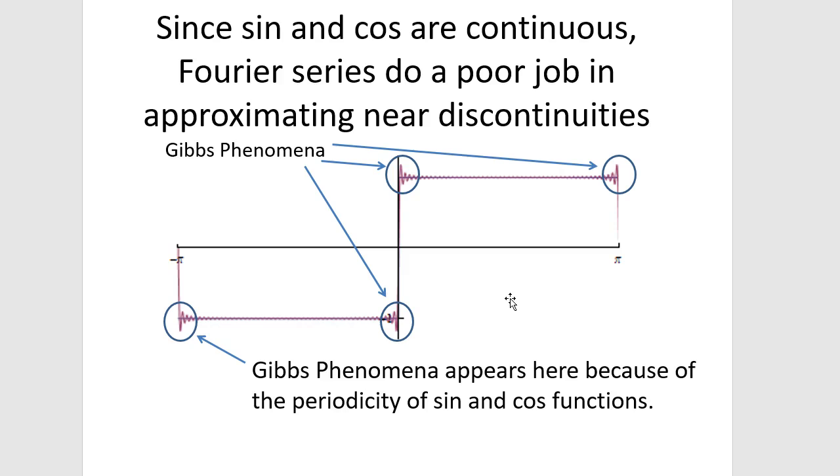And for graphics, that happens when you have edges of an object. If you magnify a JPG picture, you can see that near the edges of objects there are some kind of wave-like artifacts, and that's because of the Gibbs phenomenon.